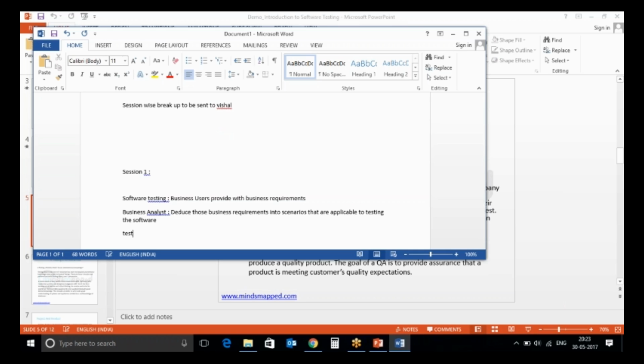And then the testing team comes in, and the role of the testing team is that they take up these business scenarios created by the business analyst, and they convert them into test cases.